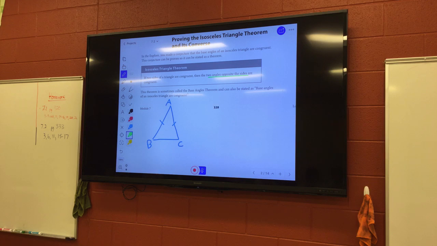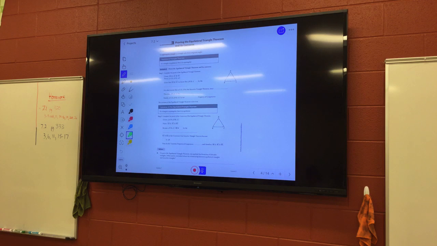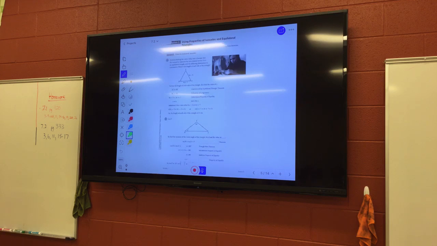So if I'm looking at side AB, the opposite angle is angle C. If I'm looking at side AC, the opposite angle is B. So all this tells me is that angle B is congruent to angle C. So if you know you have two equal sides, those angles across from each other will be equal. Okay, so let's look at a problem using this. So we're going to look at example 3, part B on page 331.